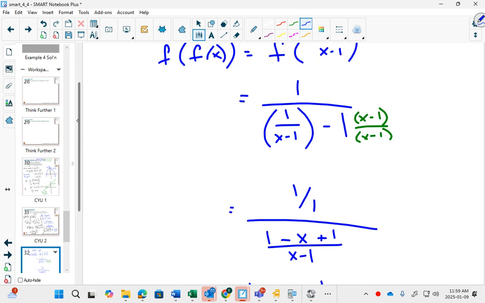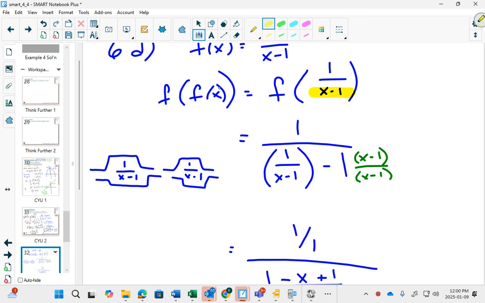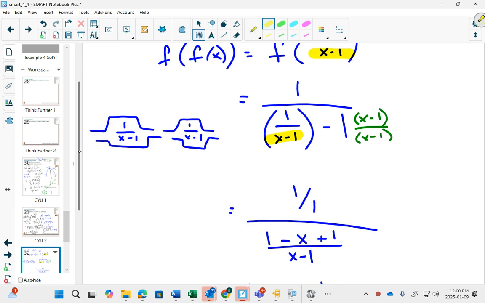Because the domain for anything, if we think about the f machine happening twice, the first machine is 1 over x minus 1. And the second machine is doing that again. If you threw a 1 into the first machine, it would blow up even before it got into the second machine. So when we're figuring out domain, we need to check denominators everywhere.